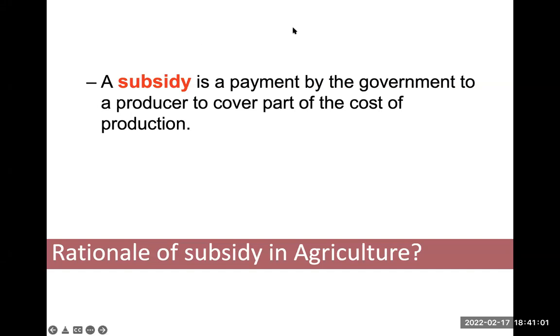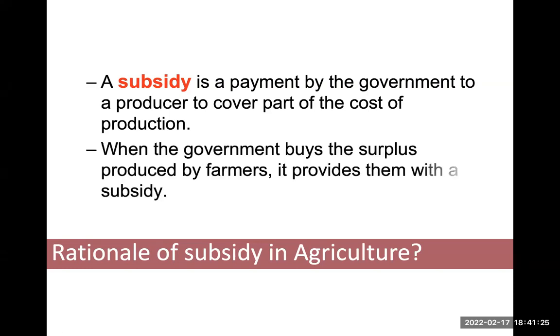So firstly, there should be a producer, and then they should have the allocated payment from the government. And also the cost of production needs to be covered. So that's what we say is the rationale of subsidy.